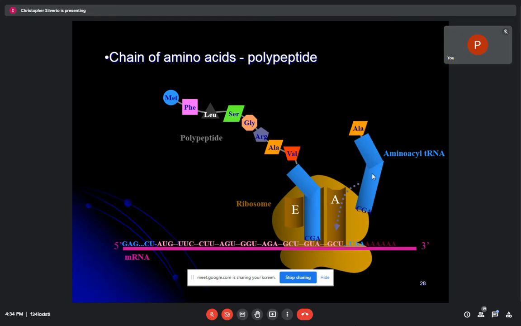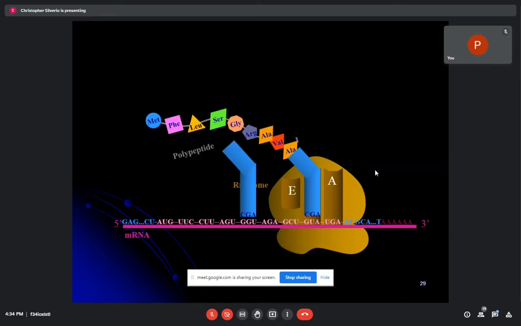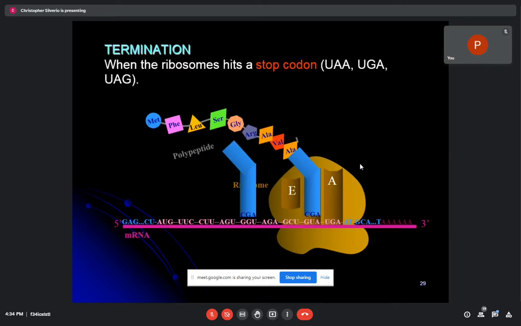And here comes another one. Alanine. Transfer RNA that is carrying alanine. Okay? That transfer RNA binds into the A site and then transfers to the P site.